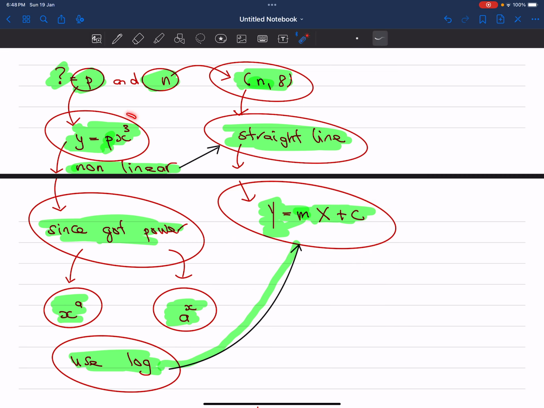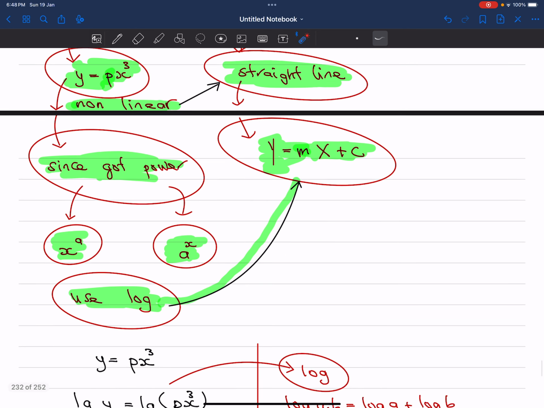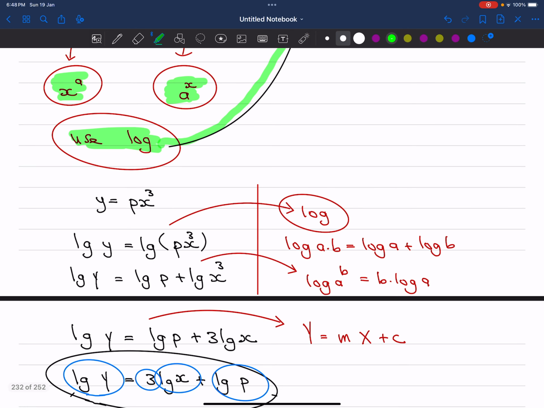Okay, so I'm going to take this equation and use log here. The y equals p x power 3. I apply the log base 10 on both sides. LG means log base 10. So log y equals log of p x power 3.